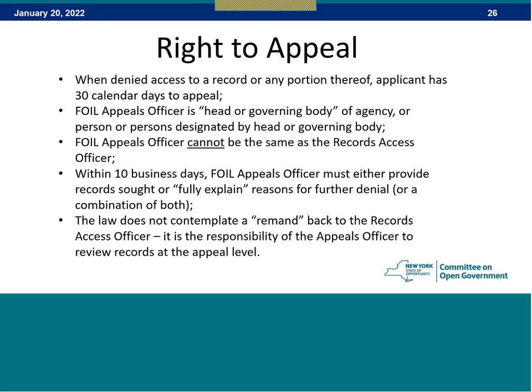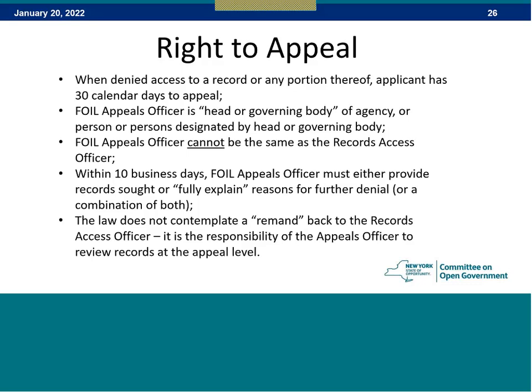Basically what they said was that the records access officer had to provide a particularized explanation for the denial, which is generally the standard that the agency has when they go to an Article 78 proceeding. So it seems like a little much at that initial level, but I'm not quite sure what the legislature intended. And until we see the amended language, we're going to hold off on providing detailed guidance on that amendment.